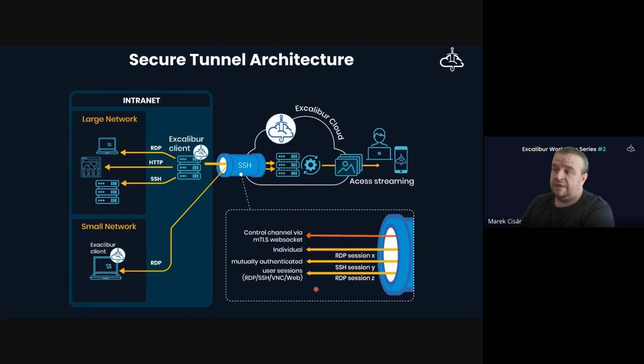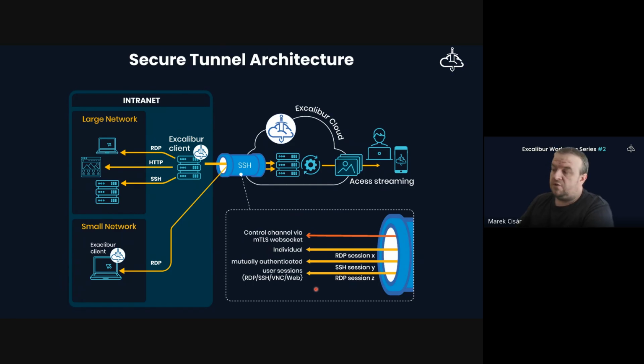That means that initially the tunneling client will create only single connection, which is also called control channel. I already mentioned that it is encrypted. It is encrypted on the mutual TLS layer, and it is utilizing the secure WebSocket protocol to connect.